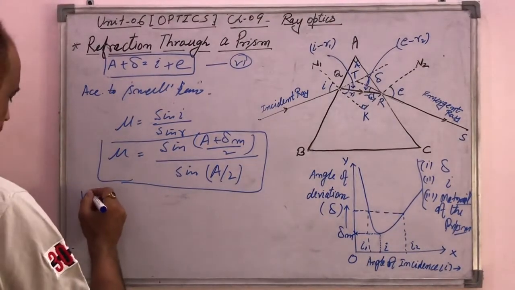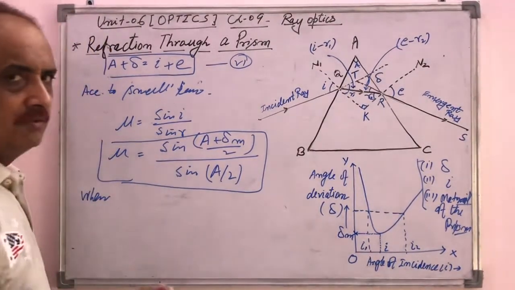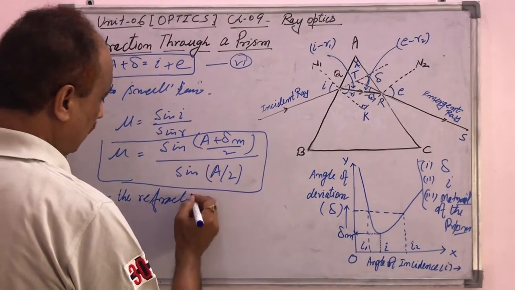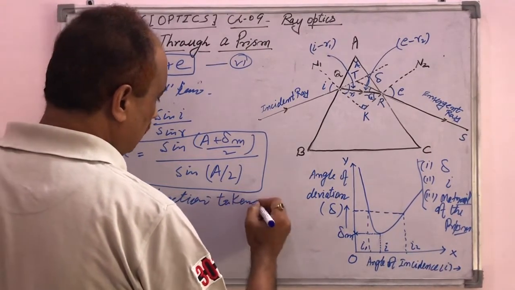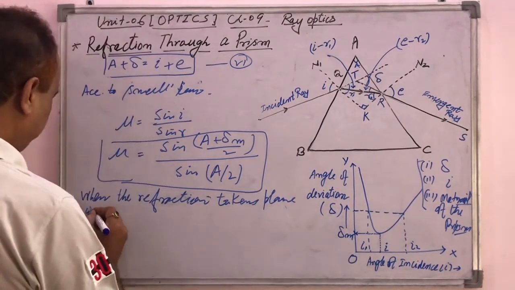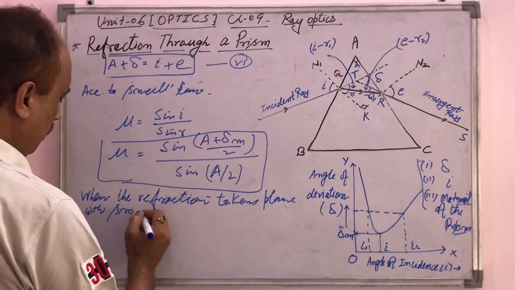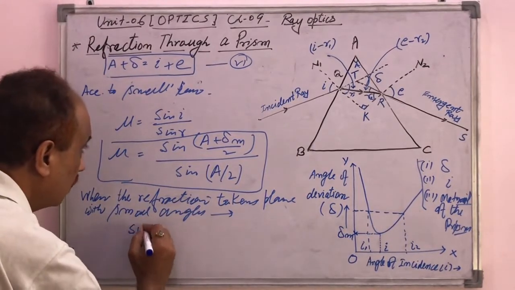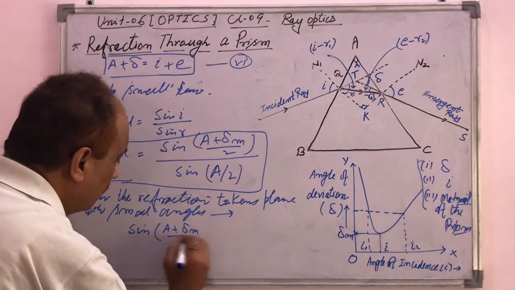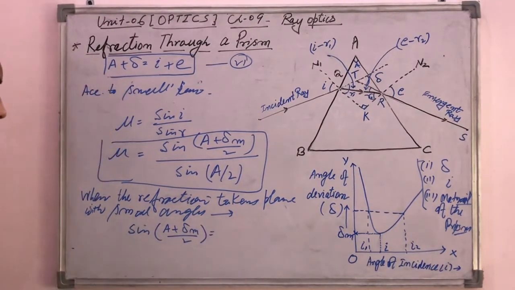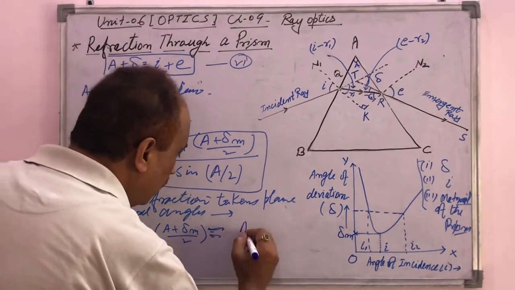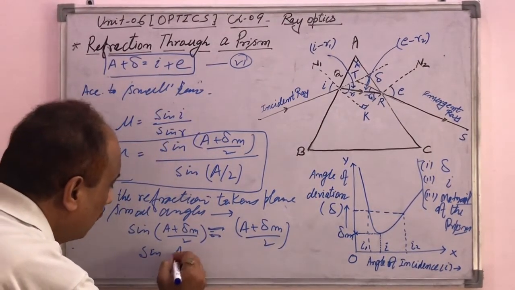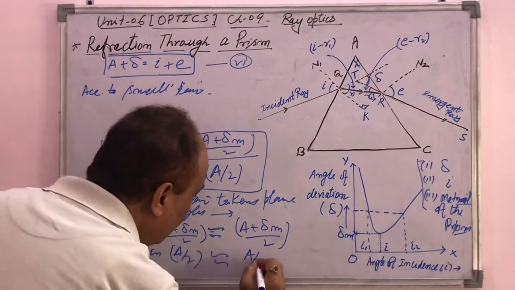So when the refraction takes place with small angles, then sin of (A plus delta m) by 2 is approximately equal to (A plus delta m) by 2 only, and sin A by 2 will be equal to only A by 2.